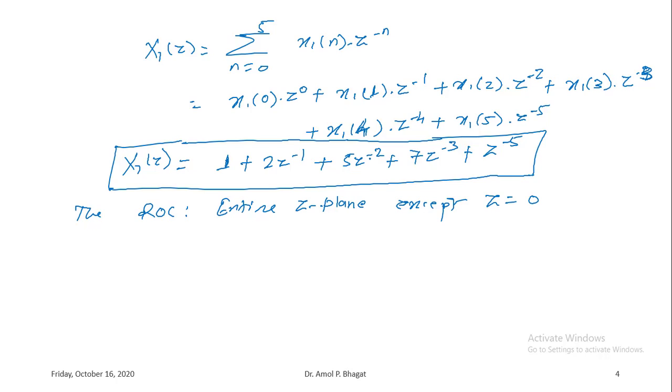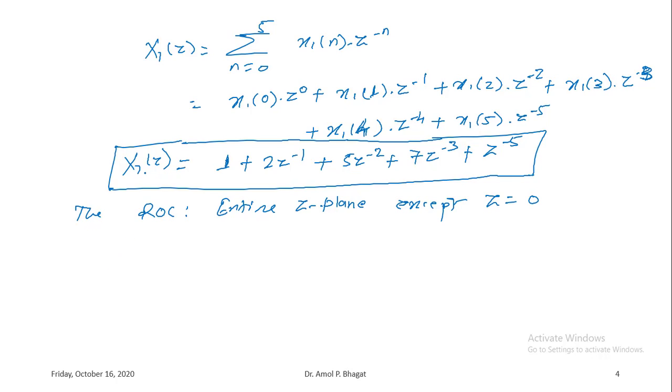Even in this case, if I substitute 0, it will be 1 upon z square, so 1 upon 0 will be there, so it will be infinity. So x1 of z will be infinite for z equals 0, and for all other values it will have some finite value, even if I substitute infinity. If I substitute infinity, it will be 1 upon infinity, and 1 upon infinity is 0, right.